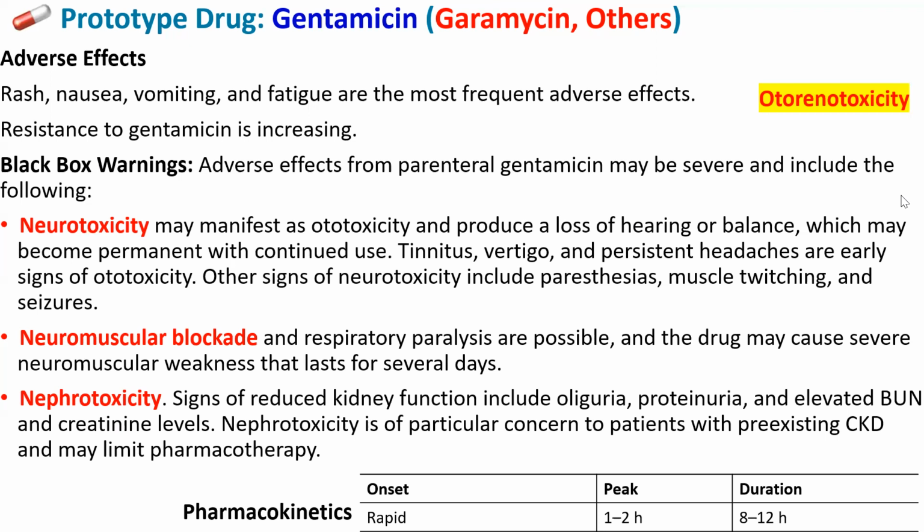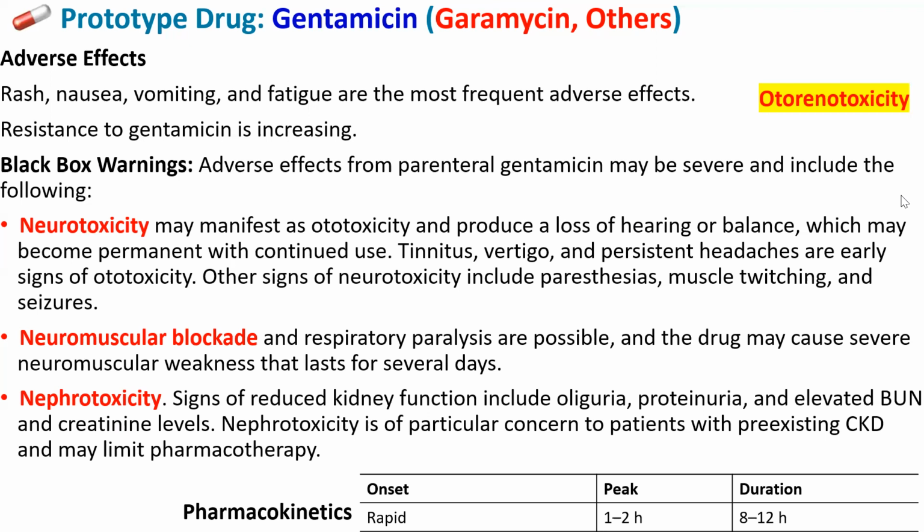Neuromuscular blockade and respiratory paralysis are possible, and the drug may cause severe neuromuscular weakness that may last for several days. Nephrotoxicity is also a possible side effect. Signs of reduced kidney function include oliguria, proteinuria, and elevated BUN and creatinine levels.